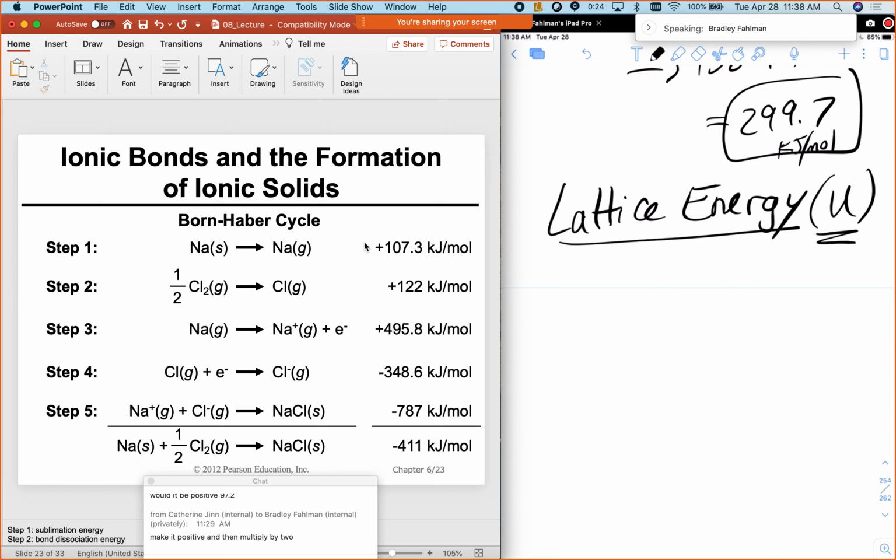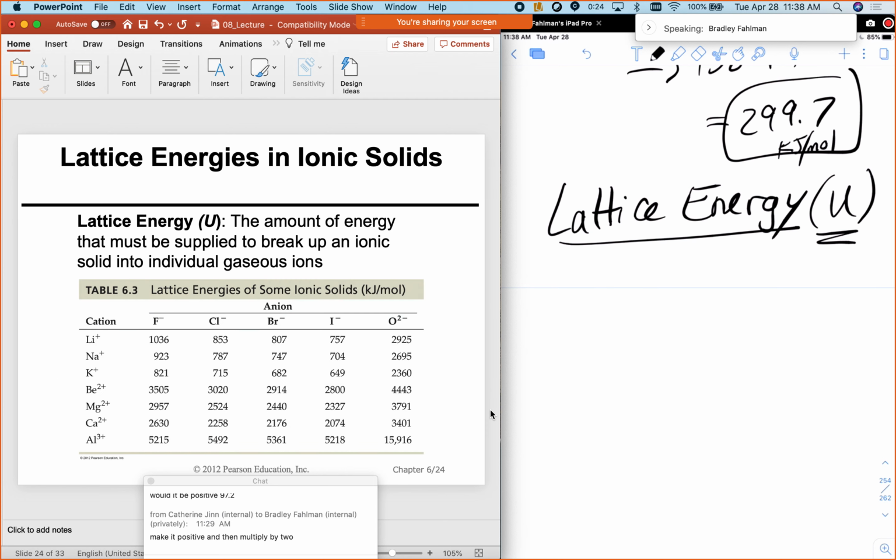Again, if you just add up all the energies for those separate steps, that's where that minus 411 comes from. So this is just Hess's law over, what is that, 5 different steps. Pretty complex example.